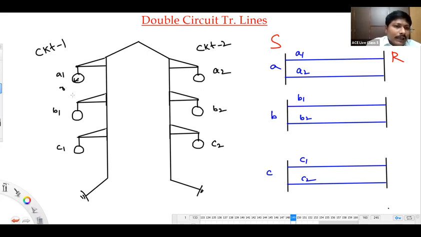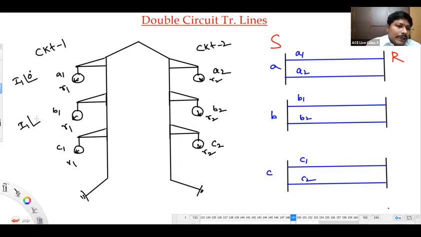Circuit 1 conductors, R1 is the radius. Circuit 2 conductors, R2 is the radius. Kindly observe the currents. A1, I1 at an angle 0.